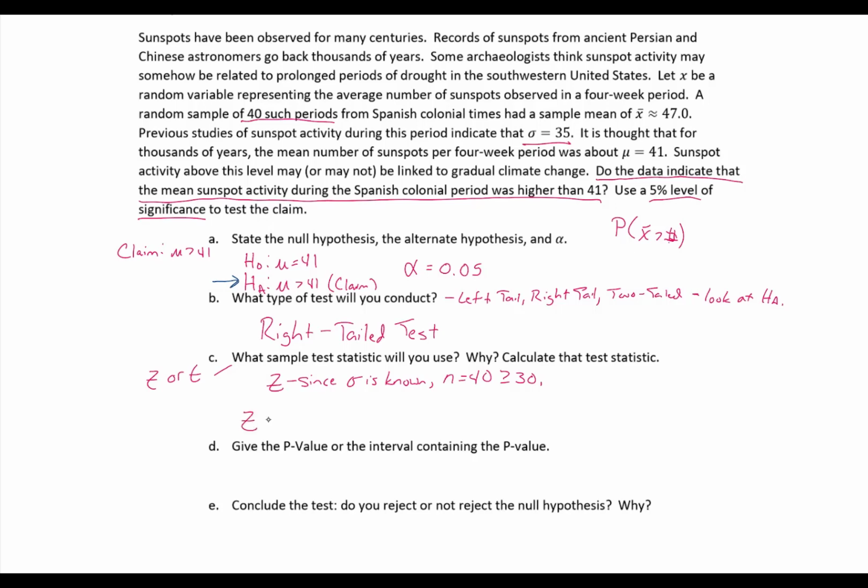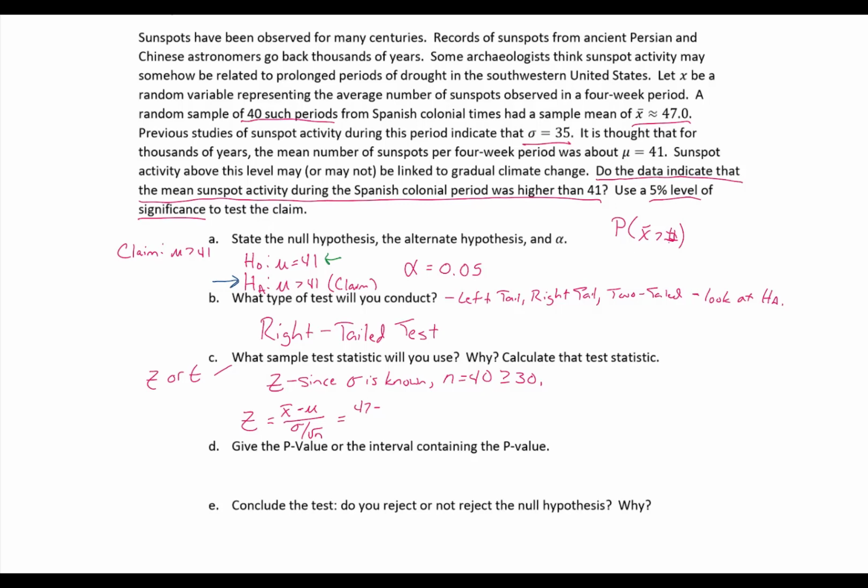So now let's calculate our z-statistic. This is just the same as the z-score formula from chapter 7. So z is the sample mean minus the population mean divided by sigma over square root of n. Our sample mean is given to us as 47, minus our population mean, which comes from our null hypothesis. It tells you what to let mu equal.